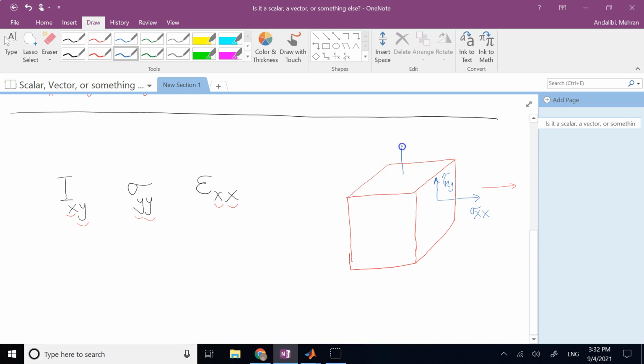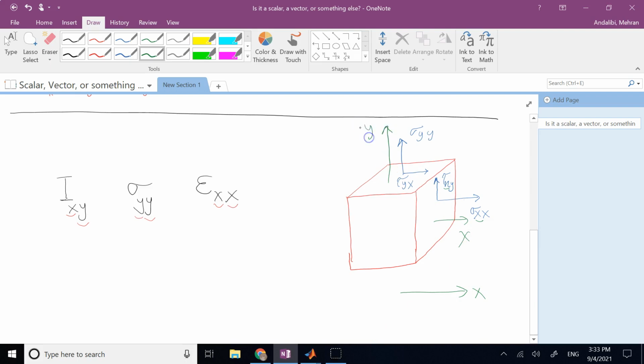Similarly here, this one you might call sigma_yy, and then this stress you might call tau_yx. What does it mean? Well, the first entry, as you know, shows the plane, or the normal to the plane. So when it says x, you see both of them have the first entry as x. It means the x-axis is perpendicular to that plane. The normal to the plane is the x-axis. So for this plane, it is the x-axis that is normal to the plane.